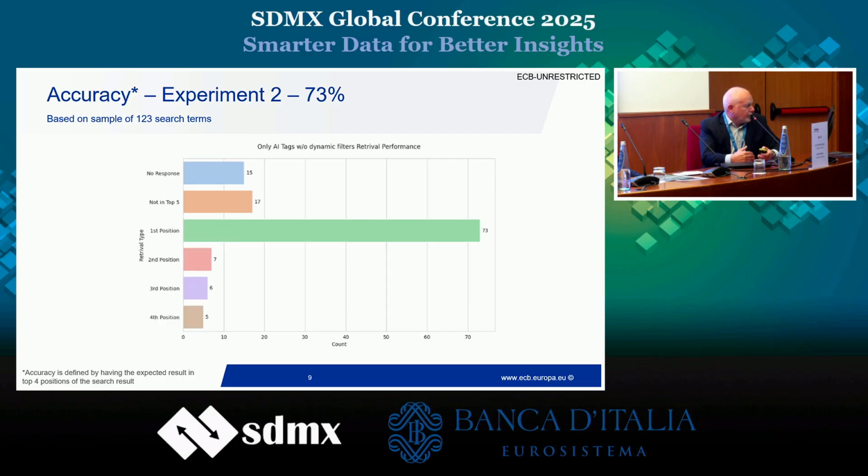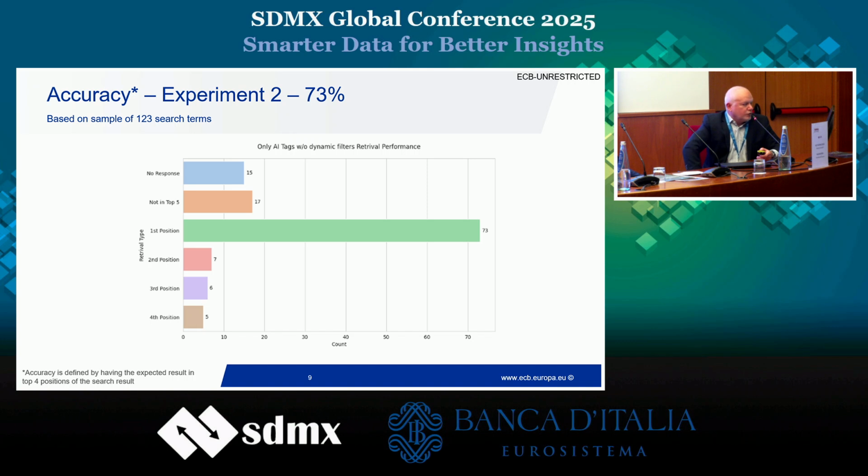So what we did now, and maybe you see that I'm jumping to experiment 2, because with experiment 1 we didn't really gain anything. Just trying to improve the search and the templates we have did not really give anything.